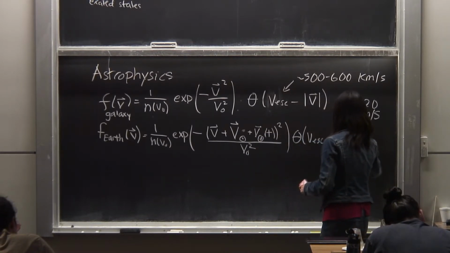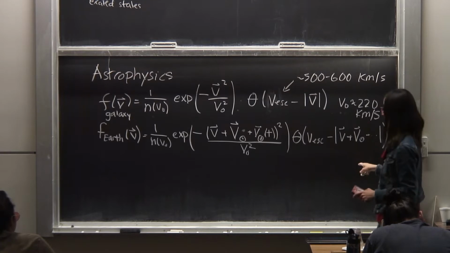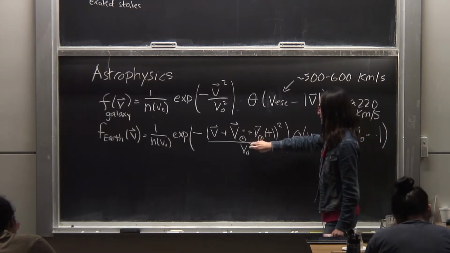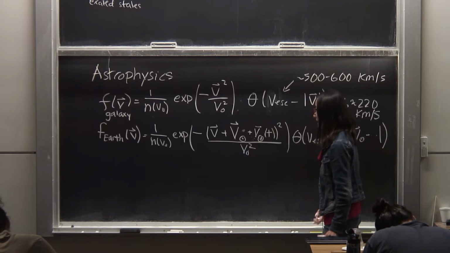The theta function is the same. I just have to include this boosted stuff inside, which I won't write out. This boosting is what gives us the WIMP wind, along mostly the sun's velocity.